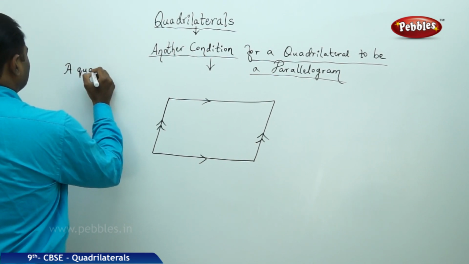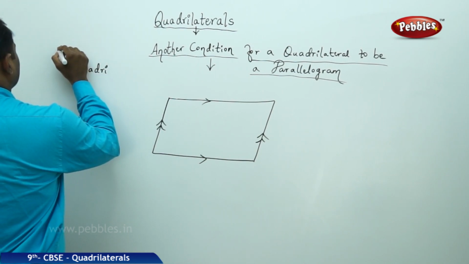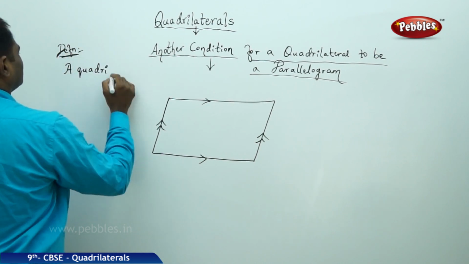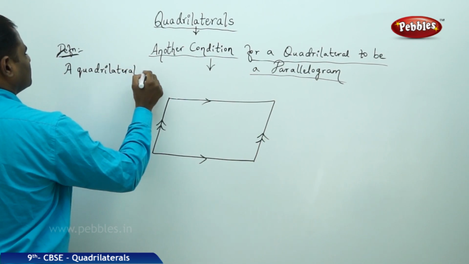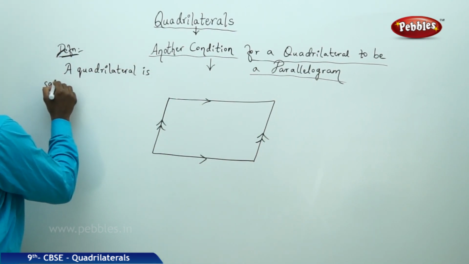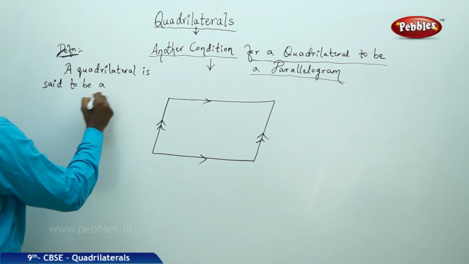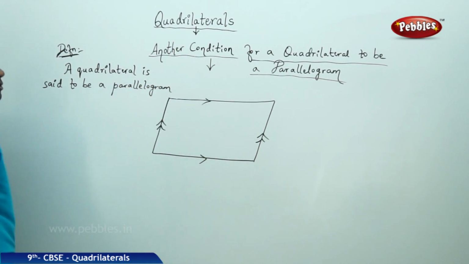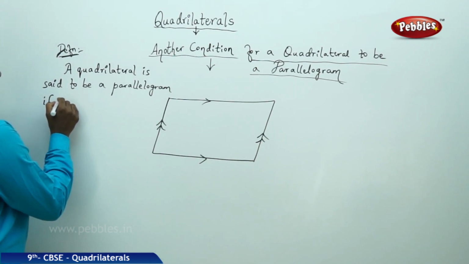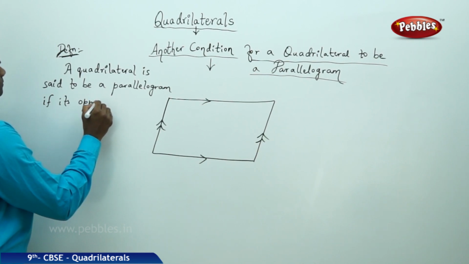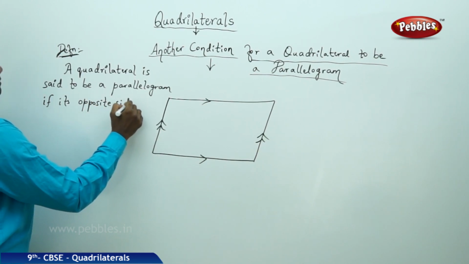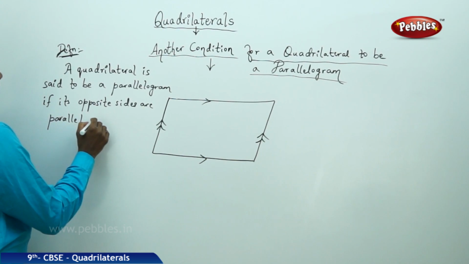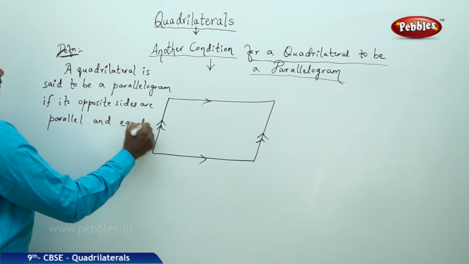Definition. A quadrilateral is said to be a parallelogram if its opposite sides are parallel and equal.